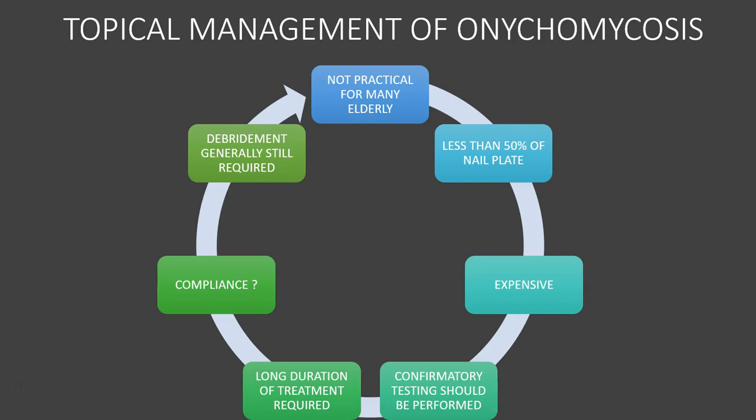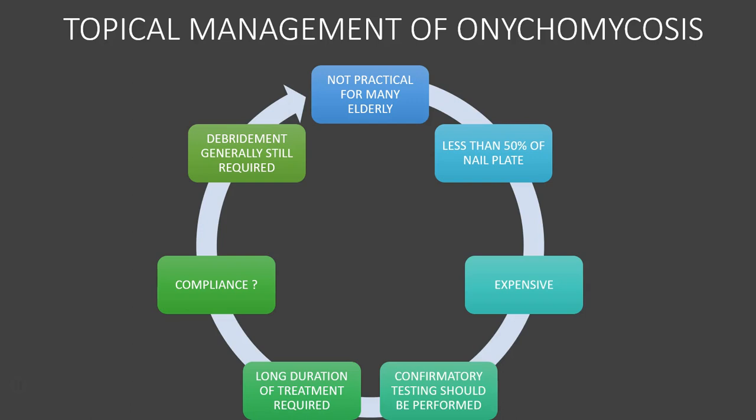If we look at the data available for the use of topicals for the treatment of onychomycosis, number one, we generally have to have less than 50% involvement of the nail plates. Many of these agents are expensive. Because they are so expensive, confirmatory testing is generally recommended. We can spend thousands of dollars in topical therapy.